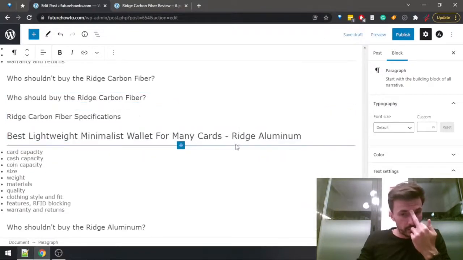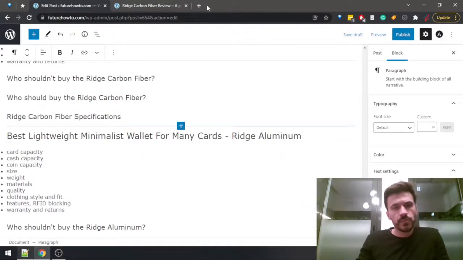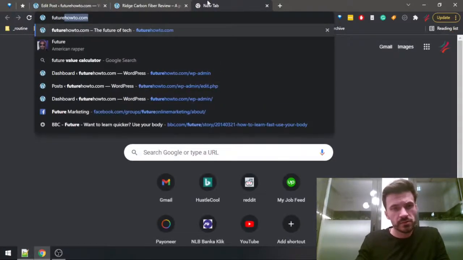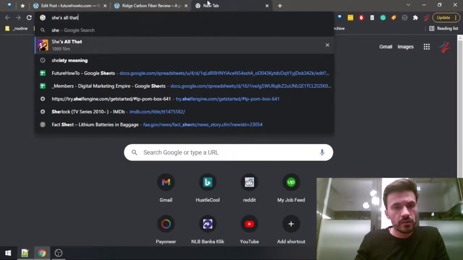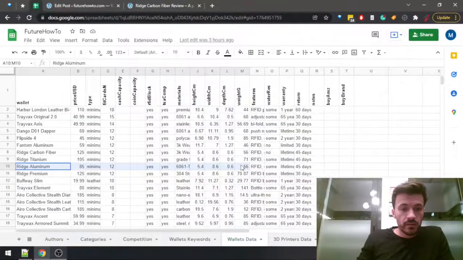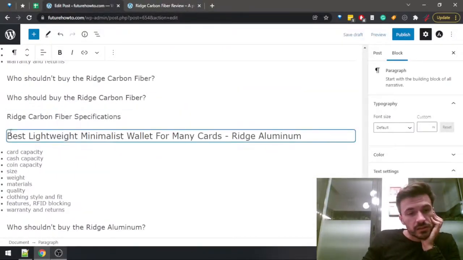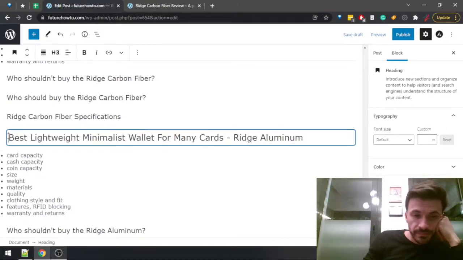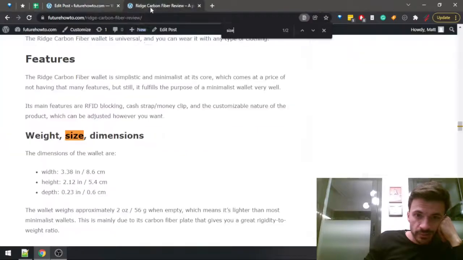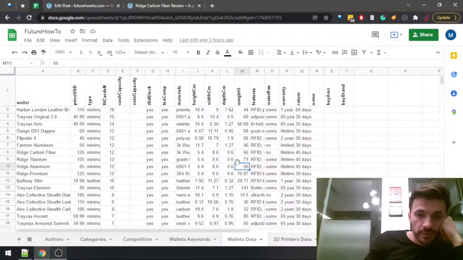This, the Ridge aluminum, is lighter? Hold on, I'm missing something here. Yeah, they actually weighed the same. Actually, I'm thinking maybe we can remove the Ridge aluminum because it weighs the same as the Ridge carbon fiber, and actually the Harbor London is even lighter than that.